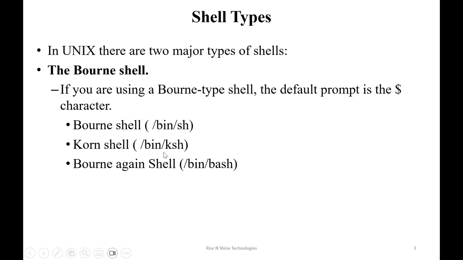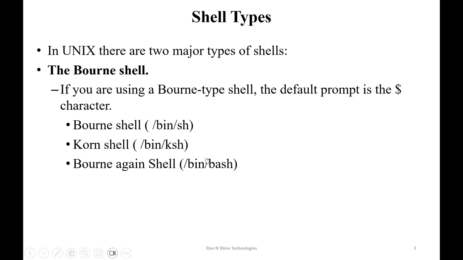We have other types of shells like the K shell, C shell, T shell, and Z shell, but normally we don't get the scope of those, so leave them. Remember the main shells, because whenever we work with Docker, some images use the Bourne shell when we log into them internally, while some containers support the Bourne Again shell, the advanced one.